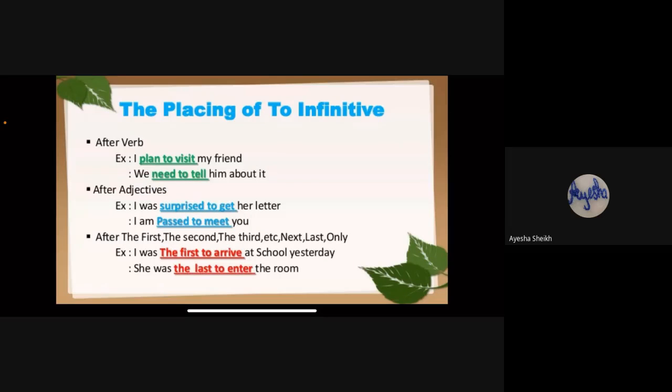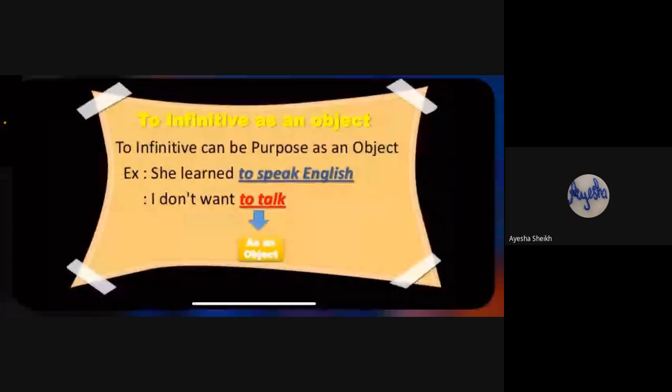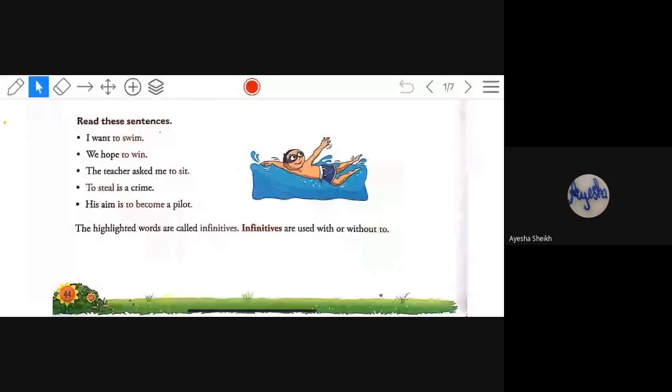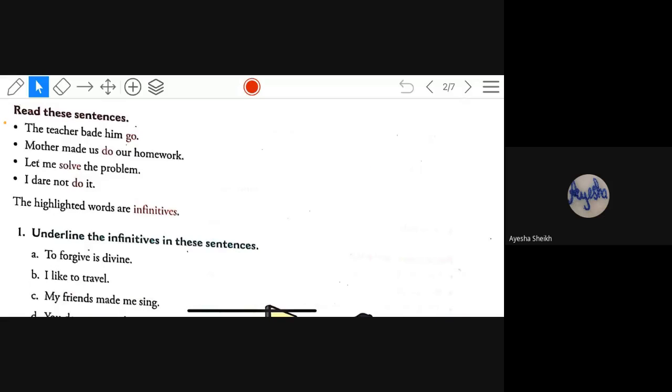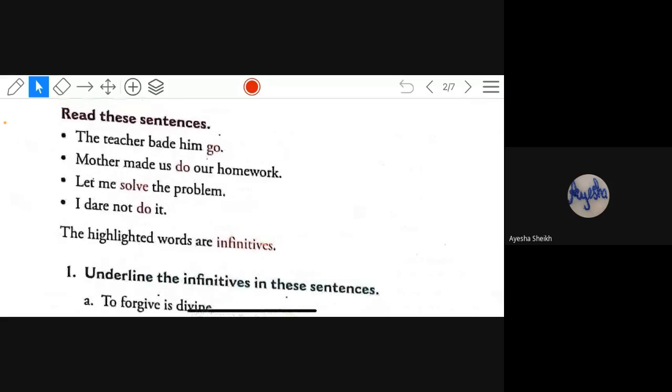Okay. So now you understood to infinitive, but it is not compulsory that every time to will be there. Sometimes the infinitives can be used without to also. But you have to search for the present form of the verb, present tense. Read these sentences. The teachers bade him.